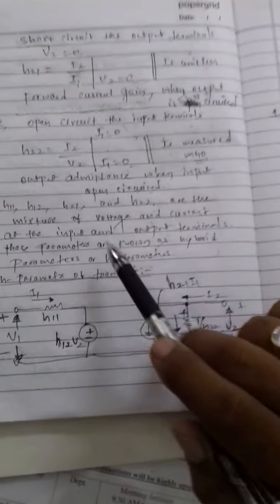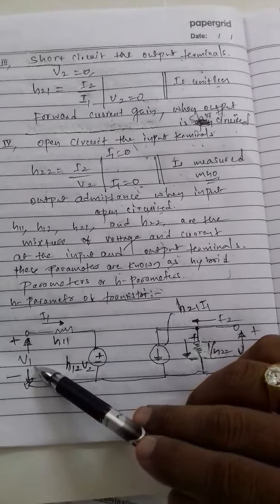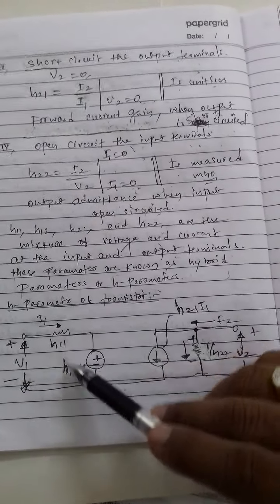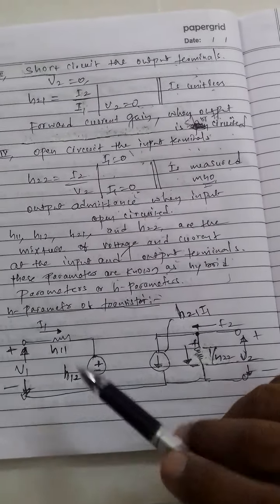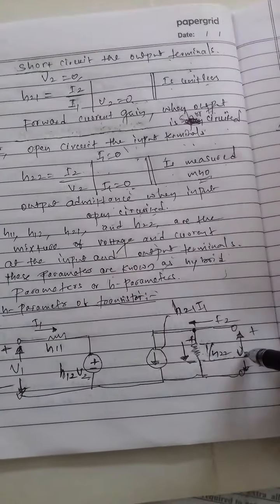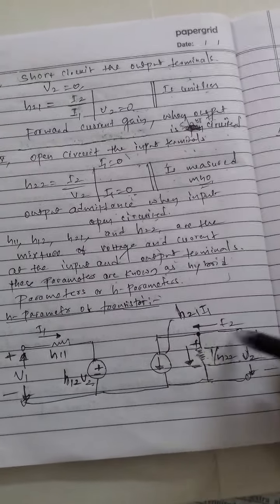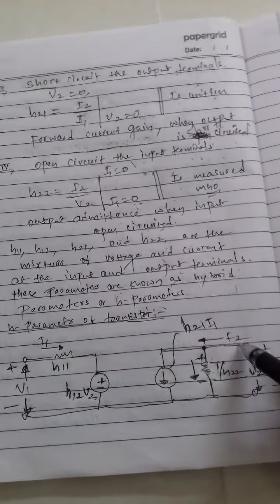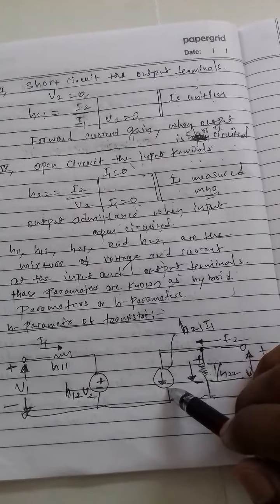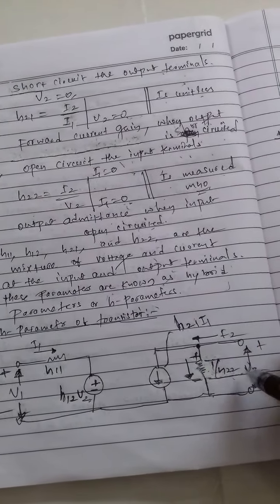The H parameter model of the transistor can be drawn as here: V1 is equal to H11 I1 plus H12 V2, and I2 is equal to H21 I1 plus H22 V2.